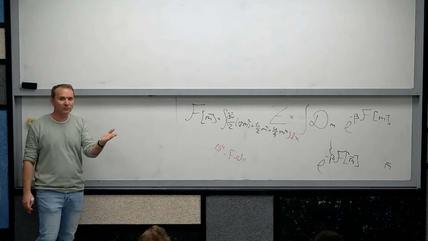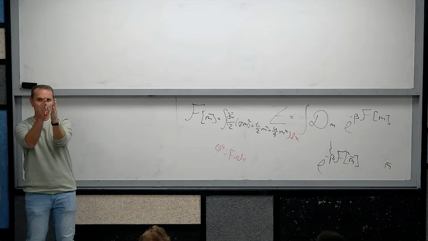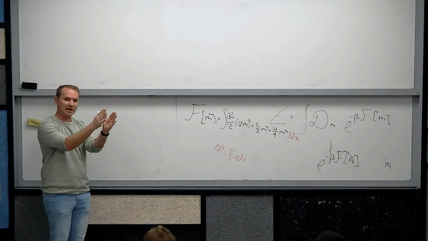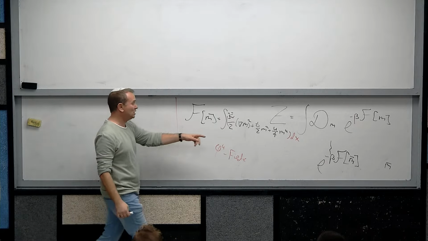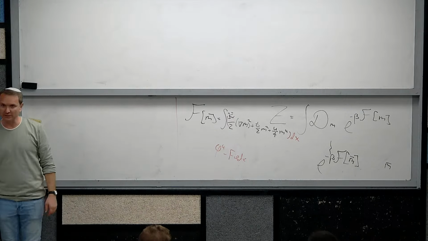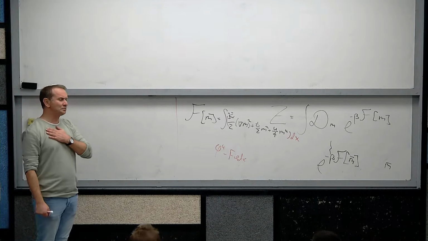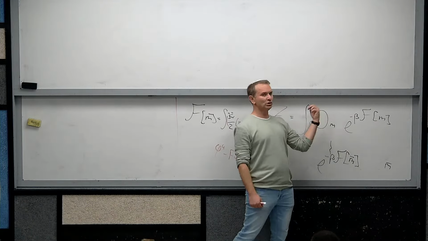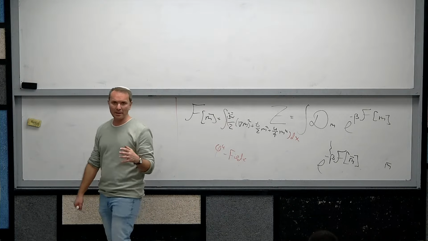You have domains, you have Goldstone modes, when your field is a vector, is actually slowly rotating because this potential produces a Mexican hat type potential. So this approach is not so good. Absolutely not good.